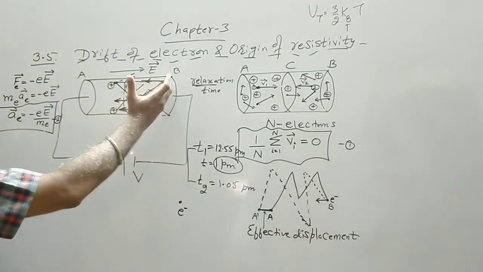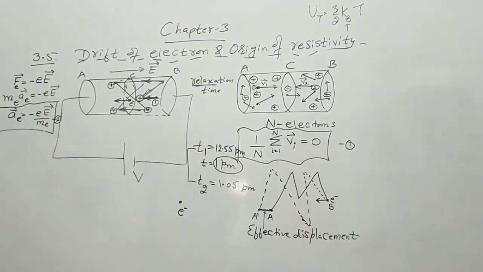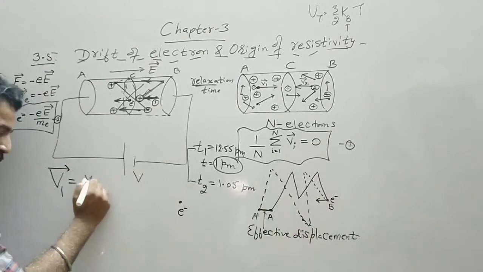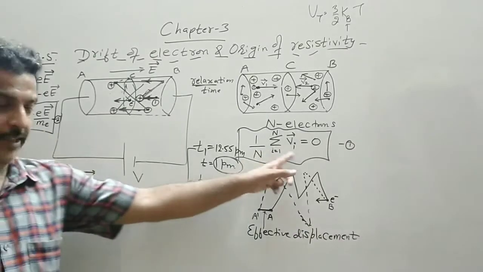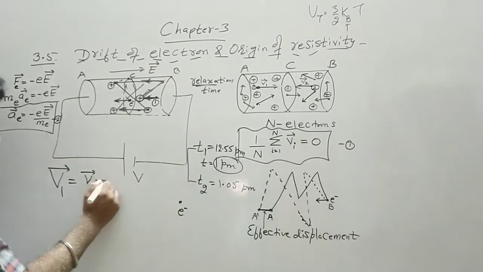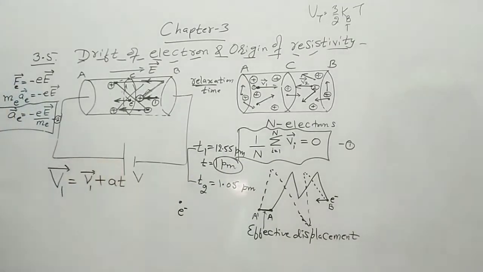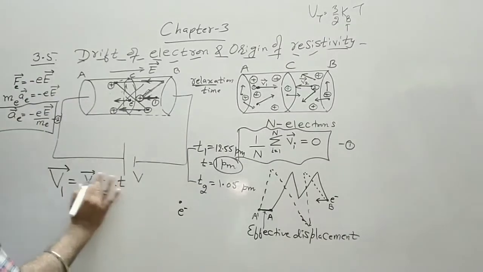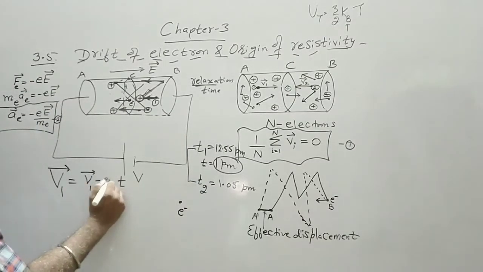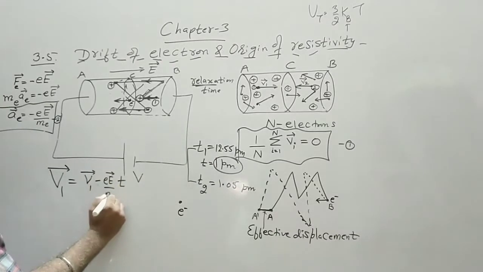All the electrons have to move from cross section B to A. So if this is the first electron, I will take the final velocity, say capital V1, is equal to the initial small v, plus a t, and in place of a I substitute this value, so it comes out to be minus eE upon m.